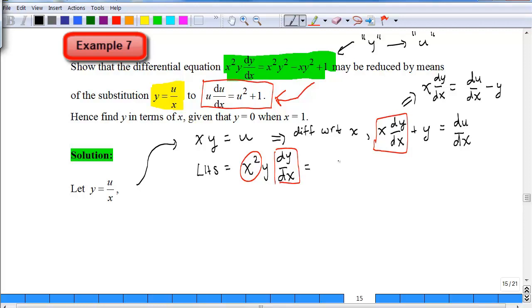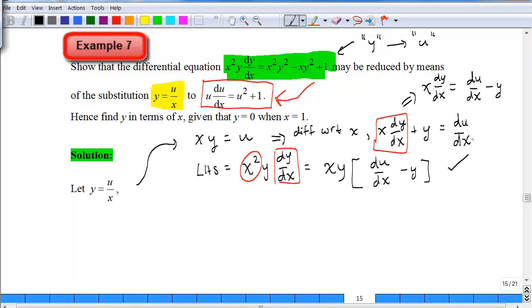So what I need to do is multiply by xy, so xy bracket du dx minus y. Is that right? x y du dx, yeah, okay, so this is correct.